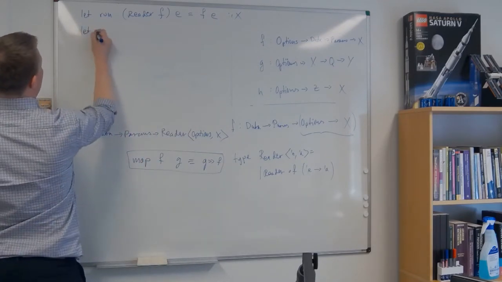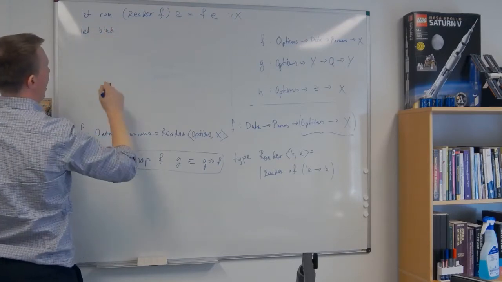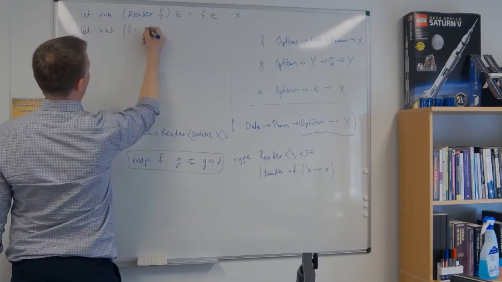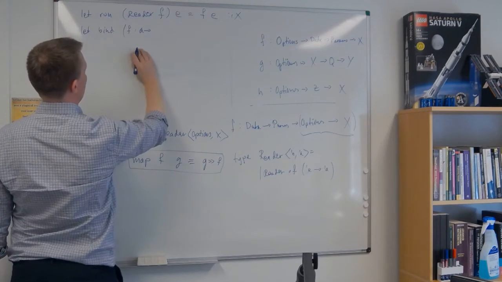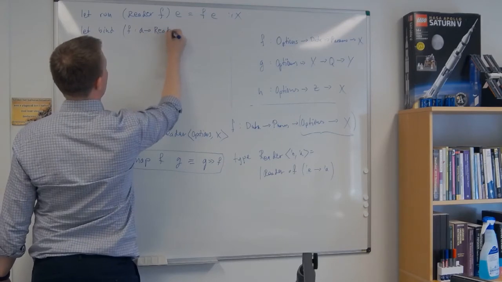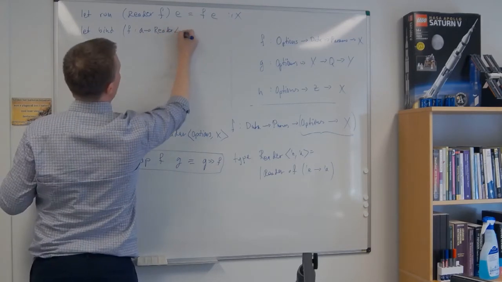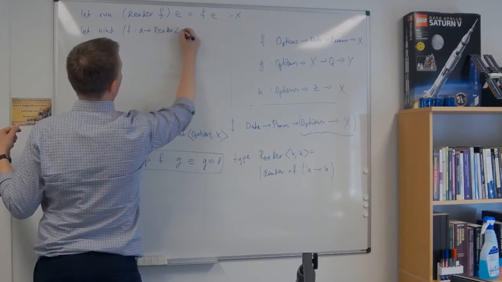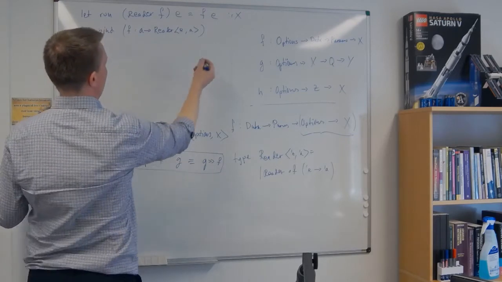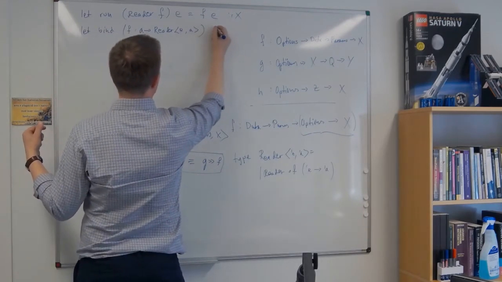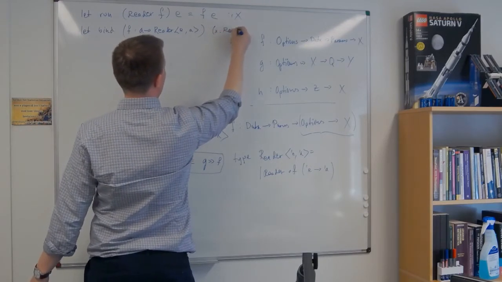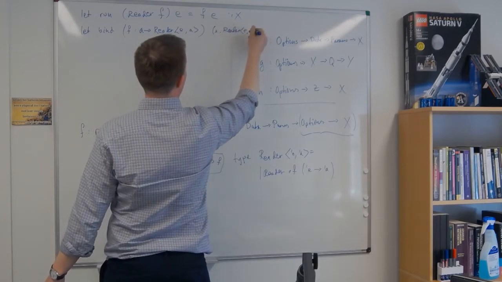Well, let bind, and bind takes a function from some a to a reader of some e and a, and it takes an x, which is a reader of e and a.